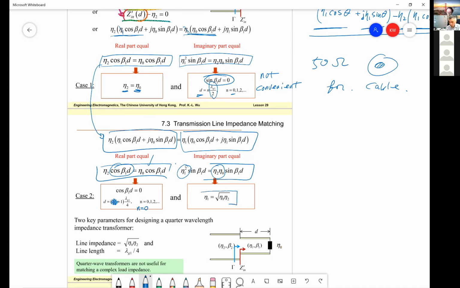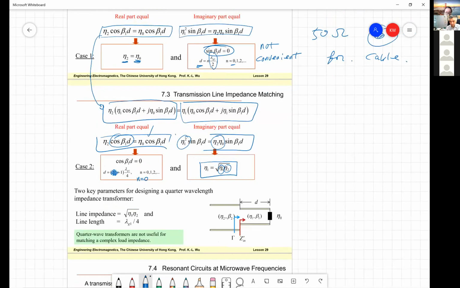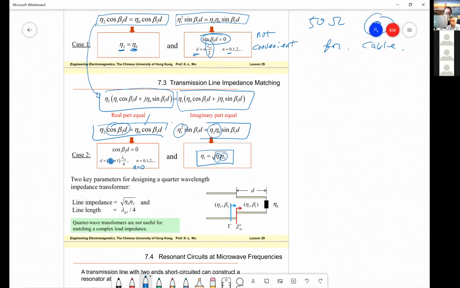If you choose its characteristic impedance to be the square root, or geometric average, of your load impedance and your transmission line characteristic impedance, for example 50 ohm, and make it a quarter wavelength long, you will get a reflection coefficient of 0.